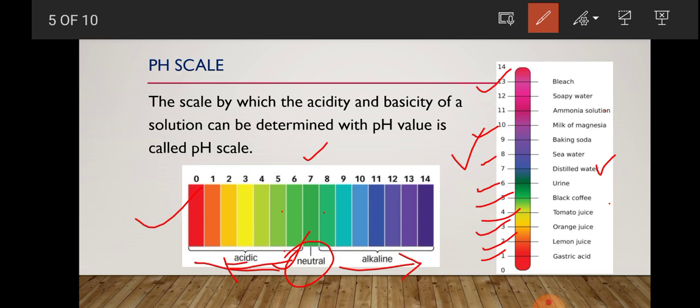So these are the pH scales by which we can identify the pH of different solutions by comparing their color.